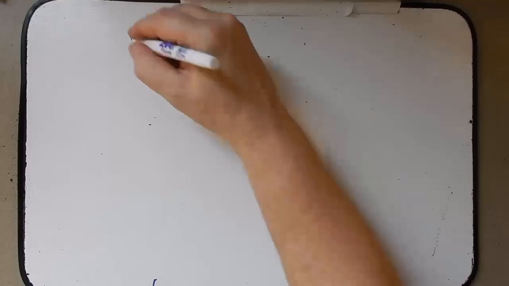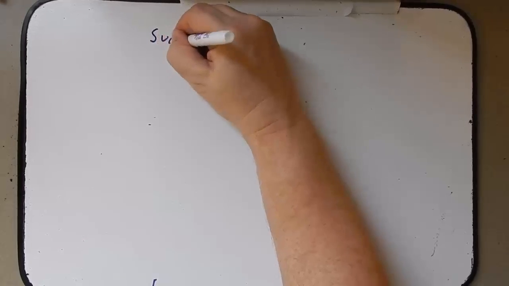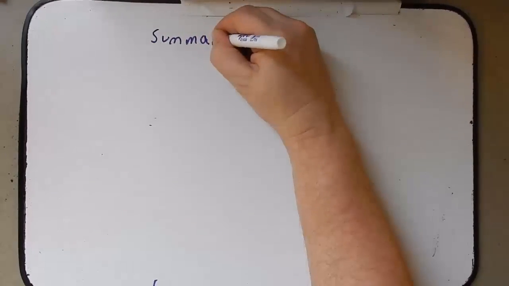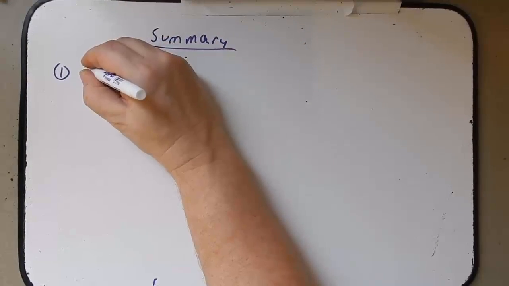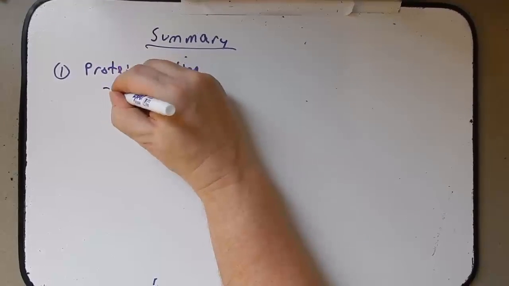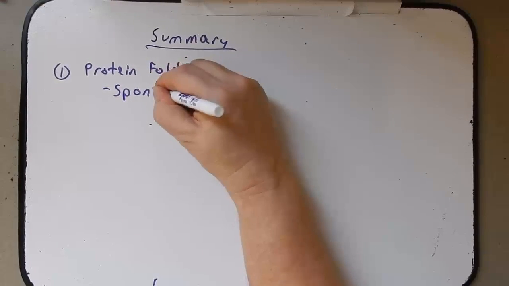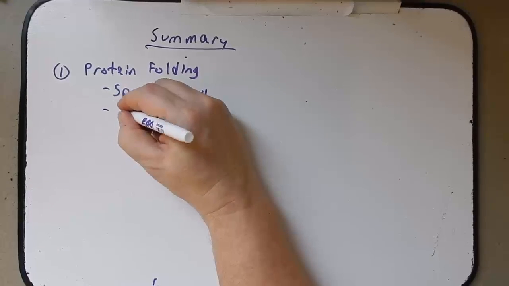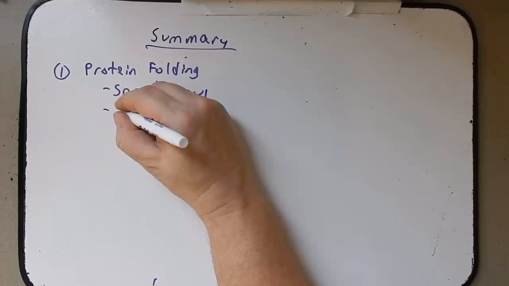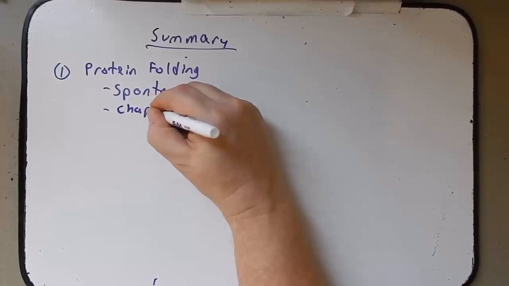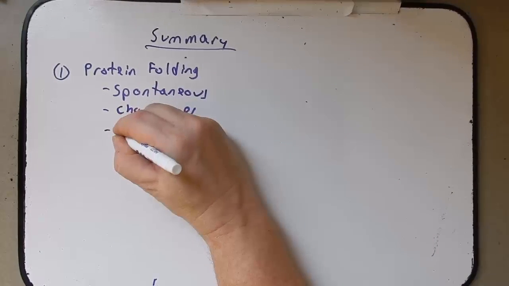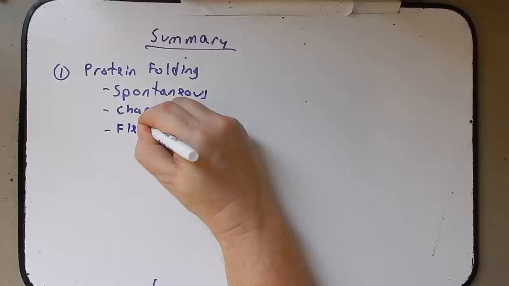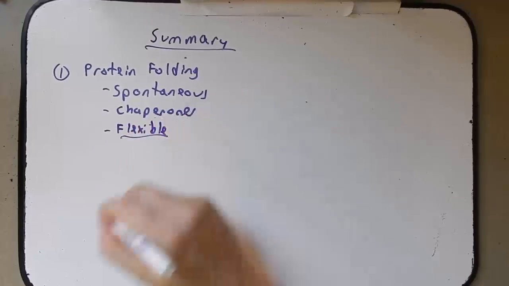Okay, that's all I have for this particular podcast. But it's just a real quick summary. So we talked about protein folding. We talked about how it was spontaneous, at least energetically spontaneous, but it does often require molecules like chaperones. We also talked about how it was important that that protein, once it was folded, remained flexible.